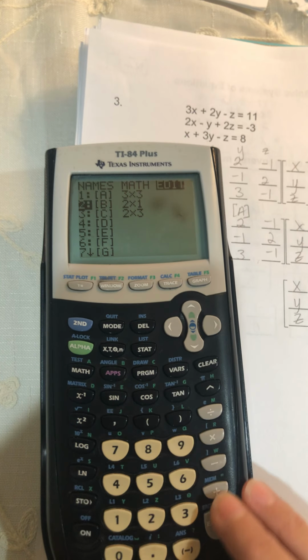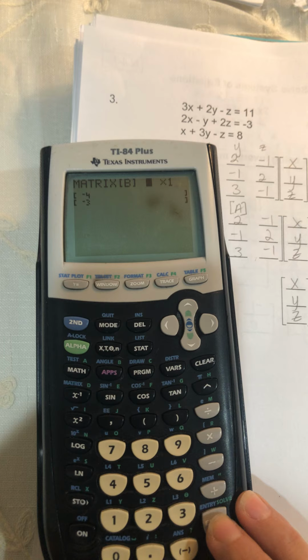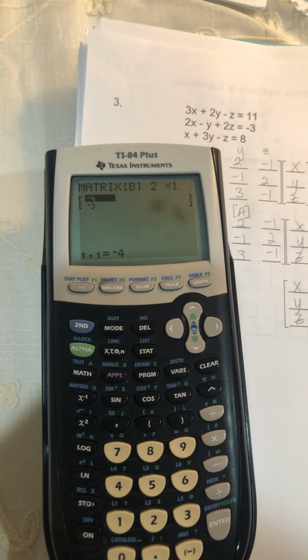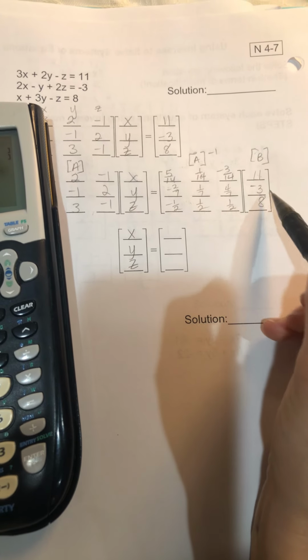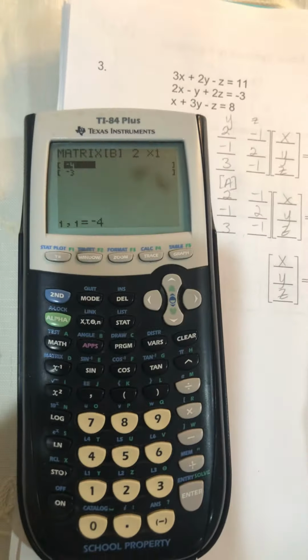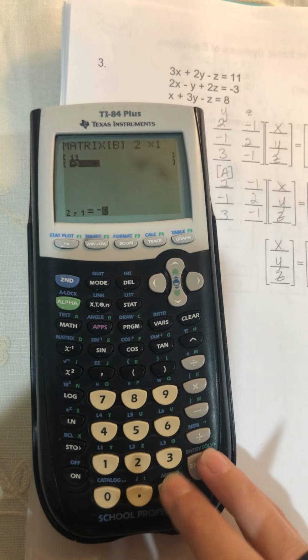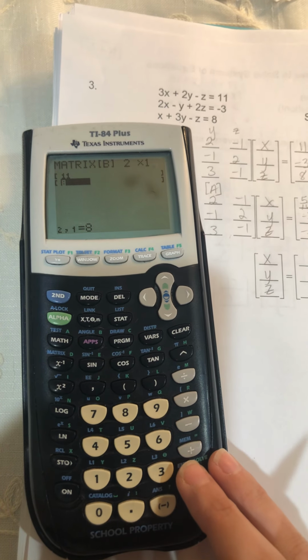Edit, and you're going to edit B, enter, and it's going to be a 2 by 1, okay, and you're going to put in 11, oh sorry, I'm showing you and I'm not, 11, -3, and 8. Okay, so you're going to have 11, enter, -3, enter, and 8, enter.